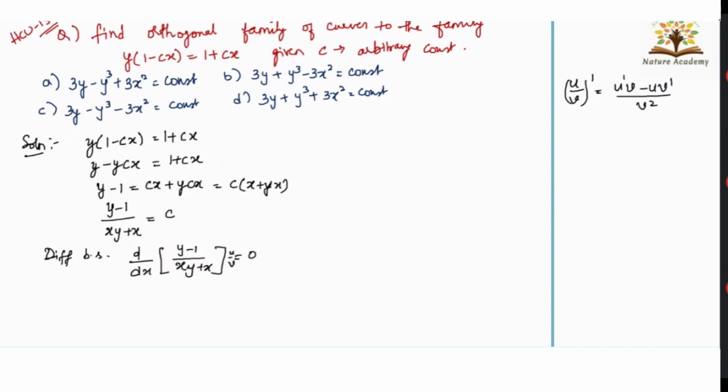Now we can differentiate it by using this. First we will do the numerator, then the denominator. In the denominator, if I take x common, d by dx of (y minus 1) by x(y plus 1) is equal to 0.